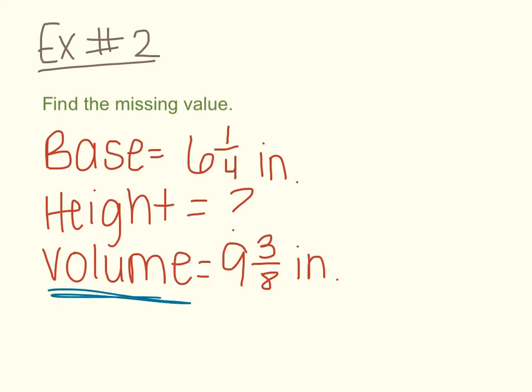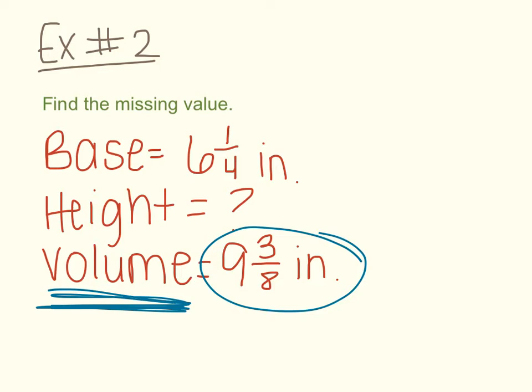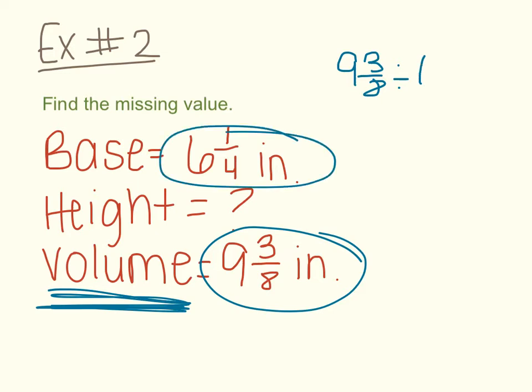We already have the volume this time, 9 3/8. And this time they gave us the base and the height. But it's still the same idea. Since we already have the answer, we take the answer, 9 3/8, and we divide so we can get the other piece. We divide by 6 1/4.